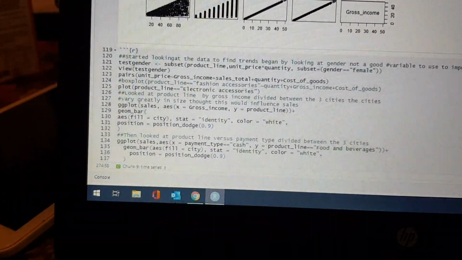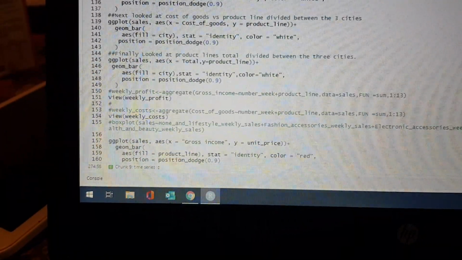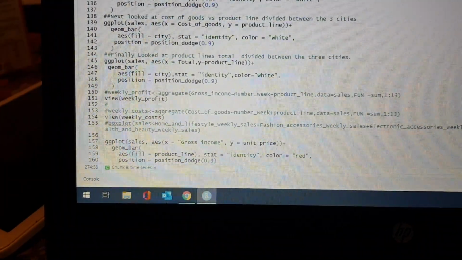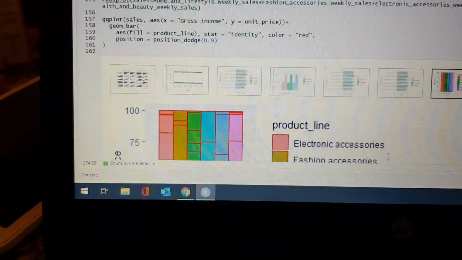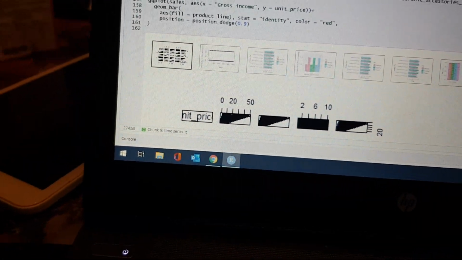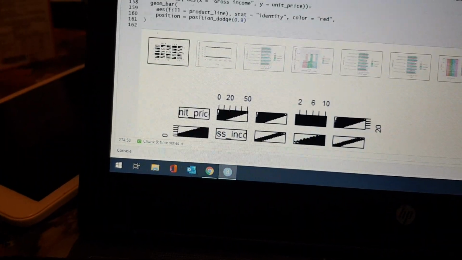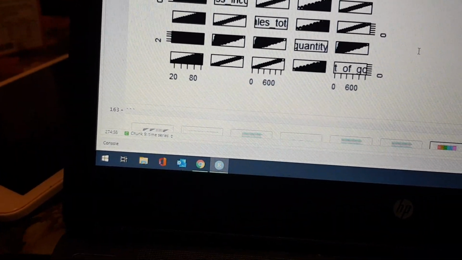And I was looking for different patterns, so I did a couple of graphs. I did weekly profit aggregate. So that was my pairs plot again.